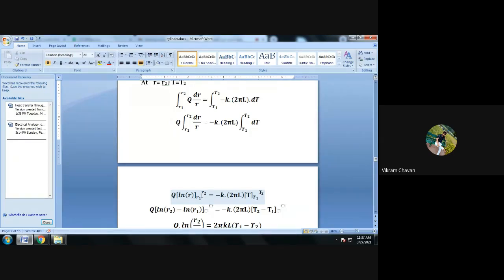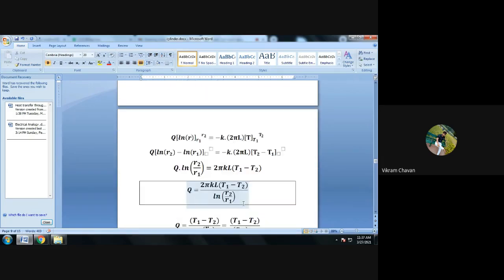So we have applied the upper limit first: q into bracket ln of r2, where r becomes r2, minus lower limit ln of r1, equal to minus k multiplied by 2 pi L into bracket, upper limit t2 minus lower limit t1. So we'll get q into bracket ln of r2 minus ln of r1 equal to minus k multiplied by 2 pi L into bracket t2 minus t1.